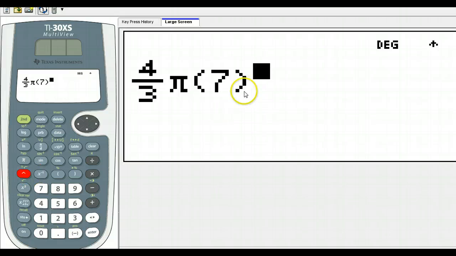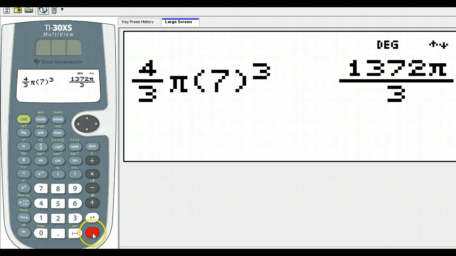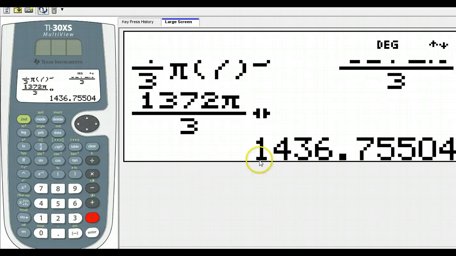It kind of looks like an upward arrow, and it does bump us up into the exponent area. And then I can type whatever I want, including third power. So that's how you would do 4/3 pi times 7 cubed. For an exact answer, I get this, but I can just toggle it and get 1,436.